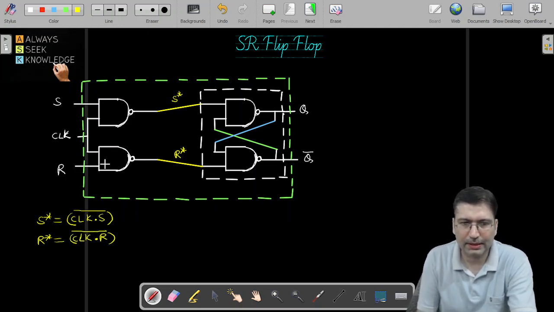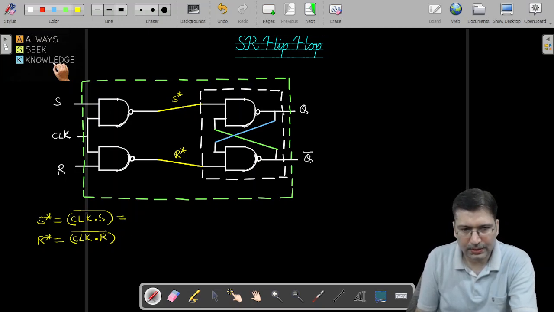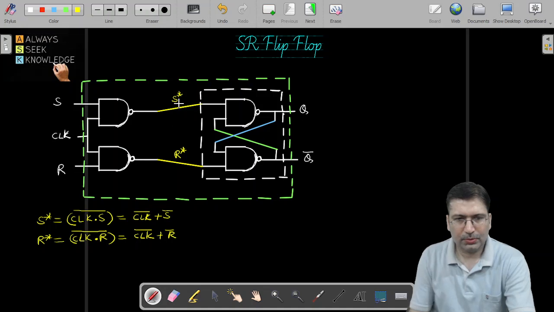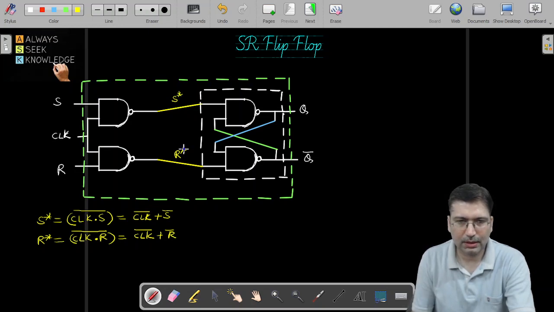Because these are NAND gates. So if you open this, it will become clock complement plus S complement, and this will become clock complement plus R complement. So please do remember, it will help you to understand what S star and R star values we will be getting based on the value of S and R.